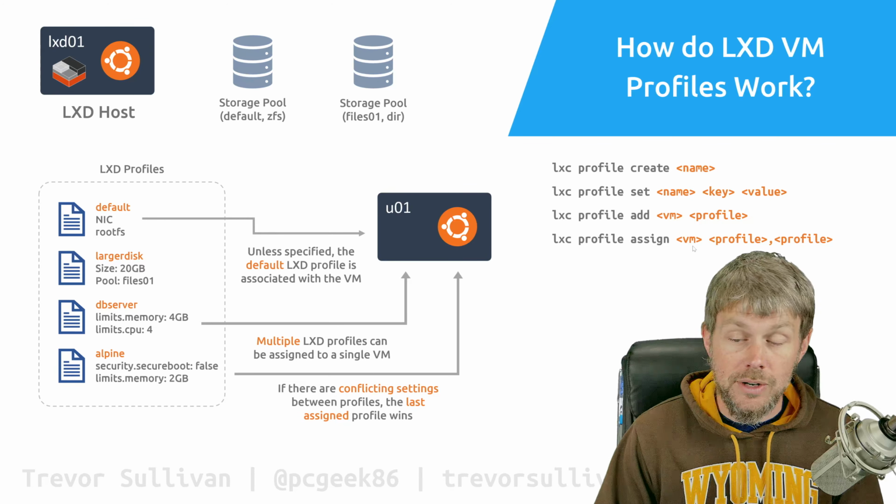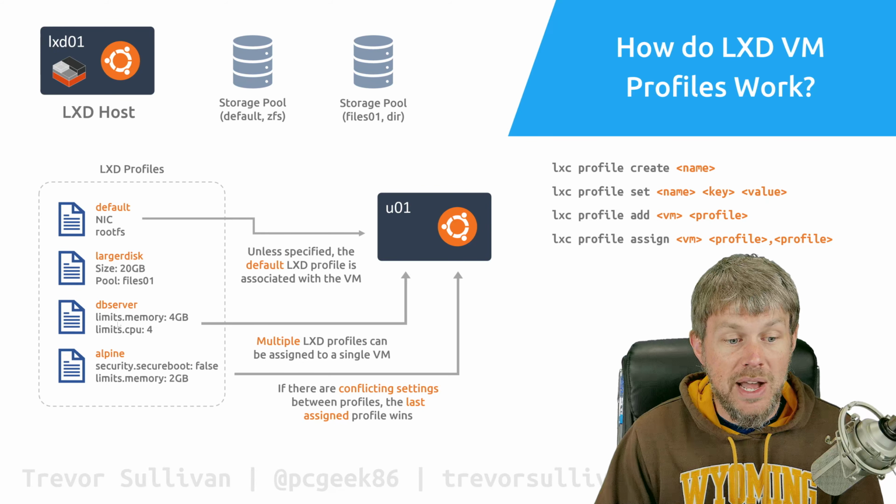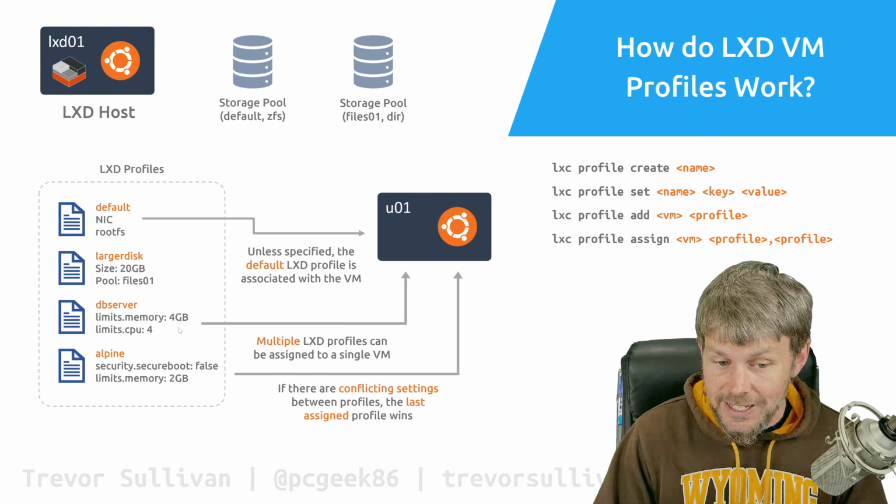So we might do LXC profile assign, specify the virtual machine name like U01, and then say default and then Alpine, and then DB server at the end, and that would give us an order that allows the memory for the database server to win out over the smaller amount that we have for Alpine Linux. But if we deployed a virtual machine that was not a database server and we only had default and Alpine, then an Alpine Linux virtual machine could have secure boot disabled, but it'll have 2 gigabytes of RAM instead of 4 gigabytes that a database server would need.